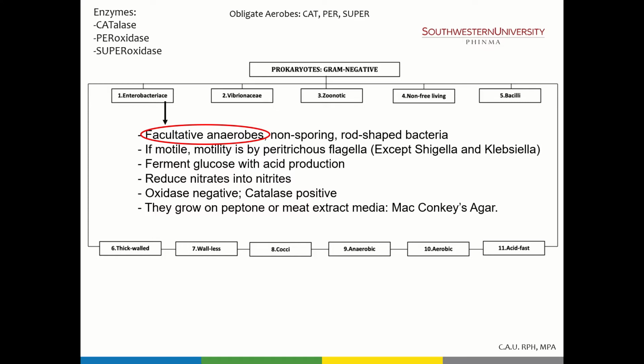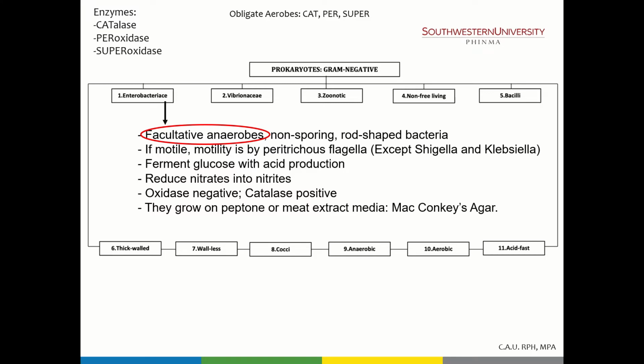But why can they live with oxygen? This is because of these three enzymes: catalase, peroxidase, and superoxidase. Because of these three enzymes, they can break down oxygen in their environment and live in it.